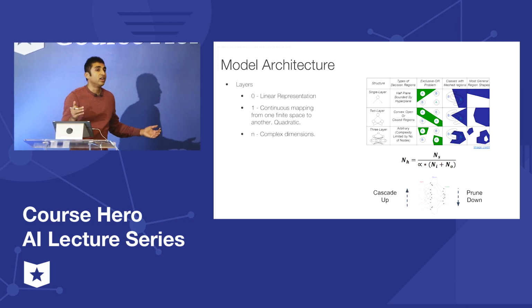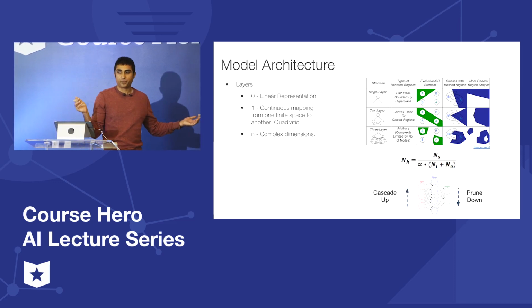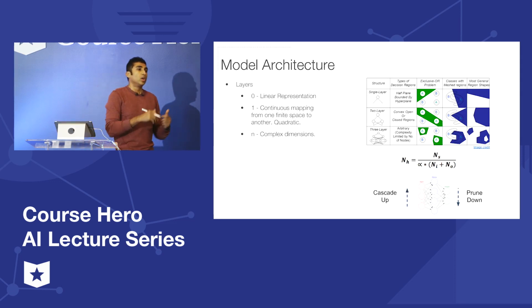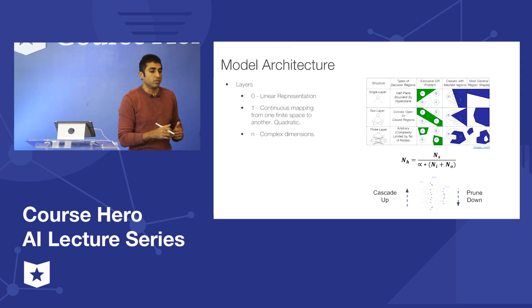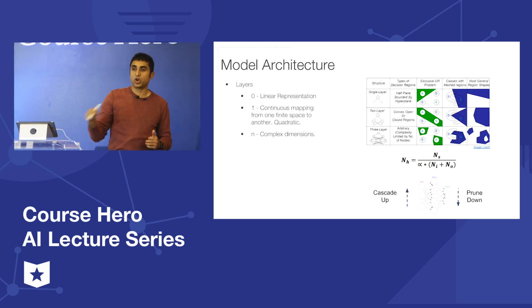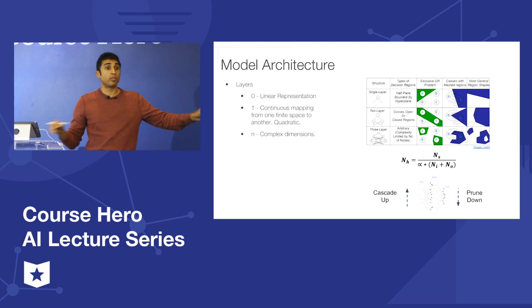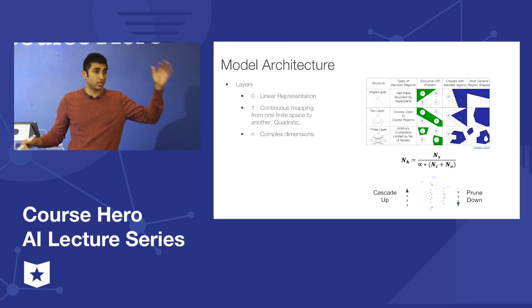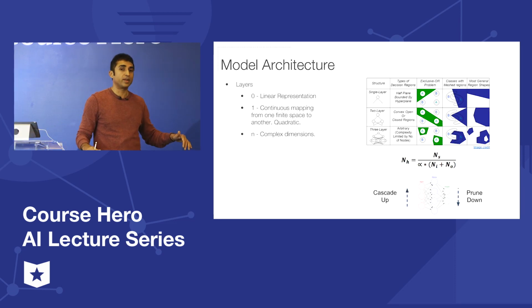So if you have like 1 million cat pictures, and you have 600 by 400 as your pixel dimension, that's the total number of input neurons. 600 by 400 is your input neuron, right? That's the total number of neurons that's coming in.